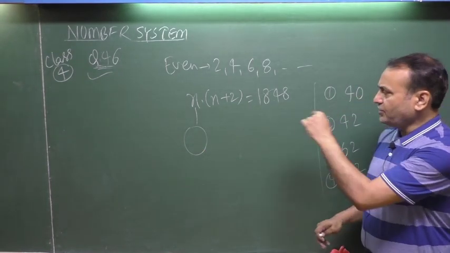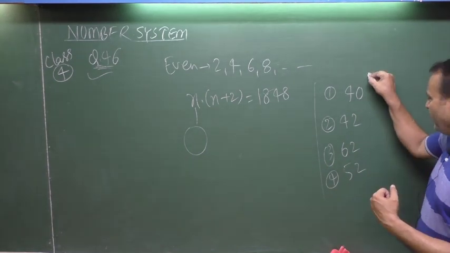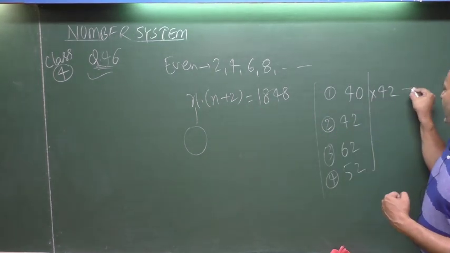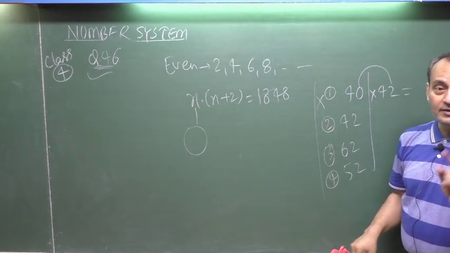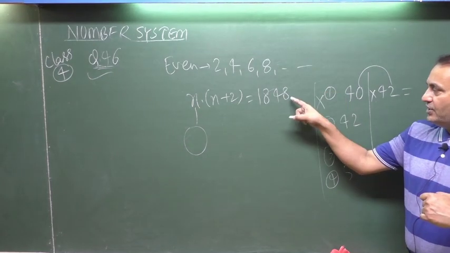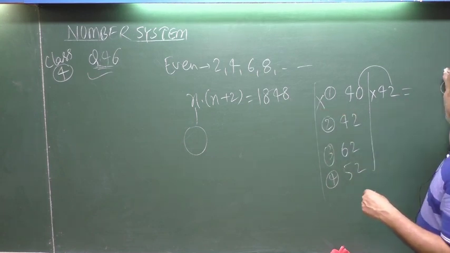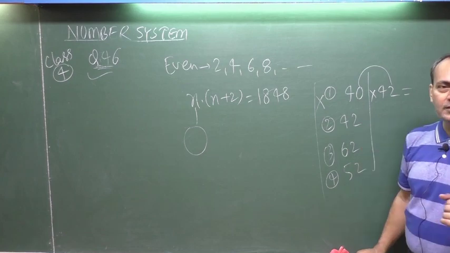Suppose 40 may be there, this will be 40 plus 2, 42. And see here, the unit first, 0. That means this is the wrong answer. In the product the unit is 8, here the unit is 0. This is wrong. Come to another option.